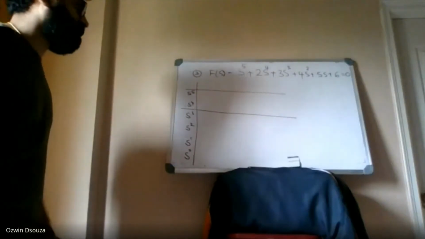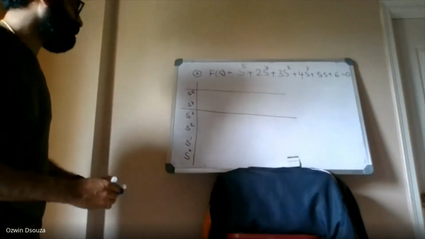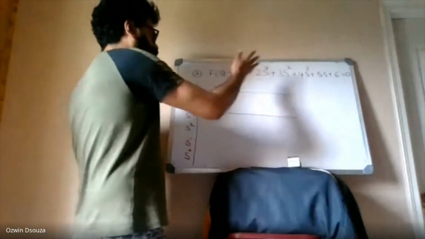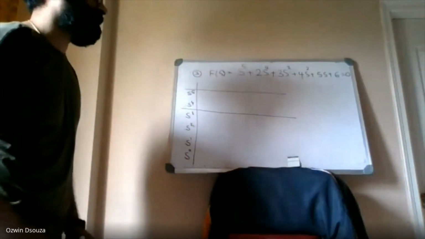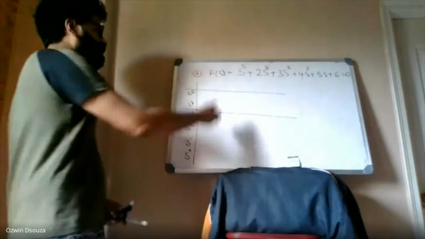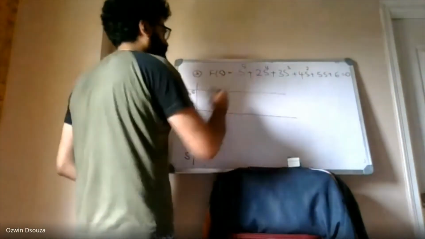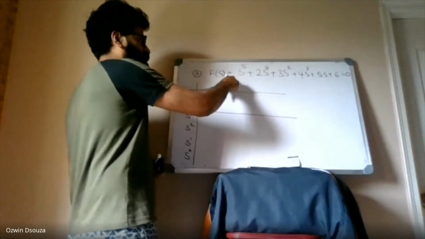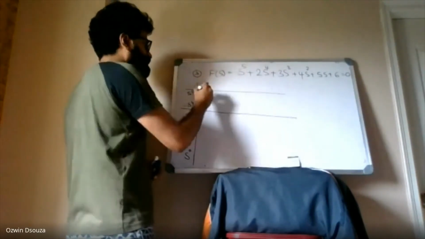So first let's write down the descending powers of s followed by the coefficients of the characteristic equation. So let's start from the coefficient of the highest power of s, that is 1, because the coefficient associated with s to the power 5 is 1.